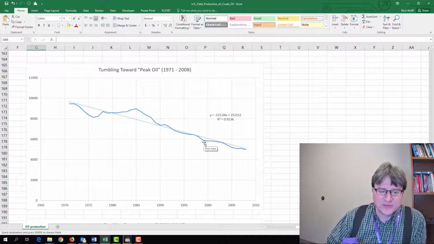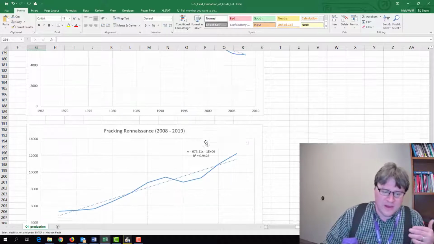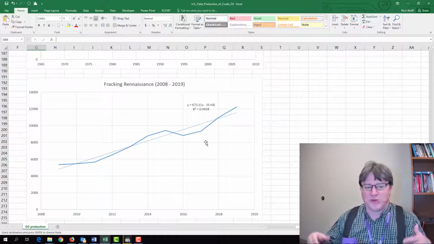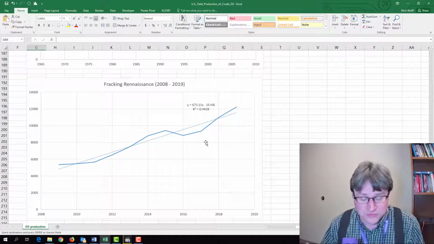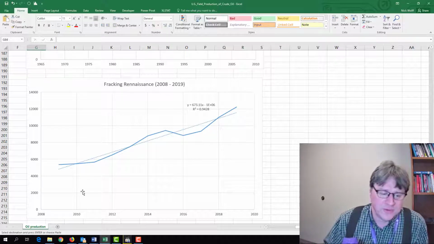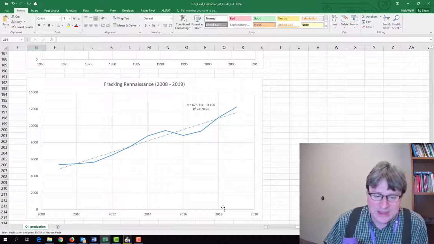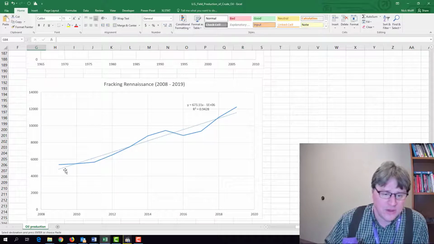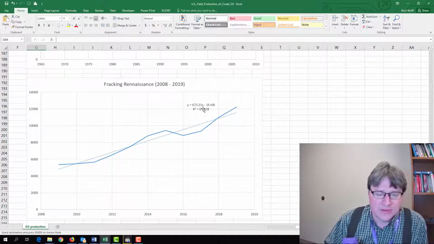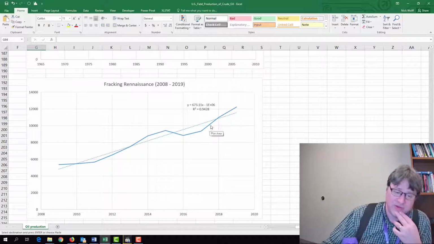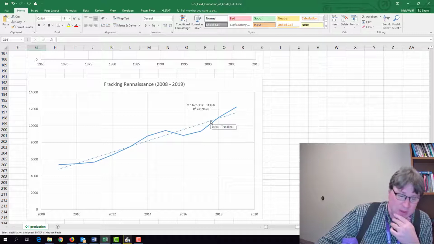It's just that the production capability is exploding at such a rate that it's really, really impressive. So over the course of only a little more than a decade, from 2008 to 2019, we've had more than a doubling of output within the United States in terms of production. That's really quite amazing.